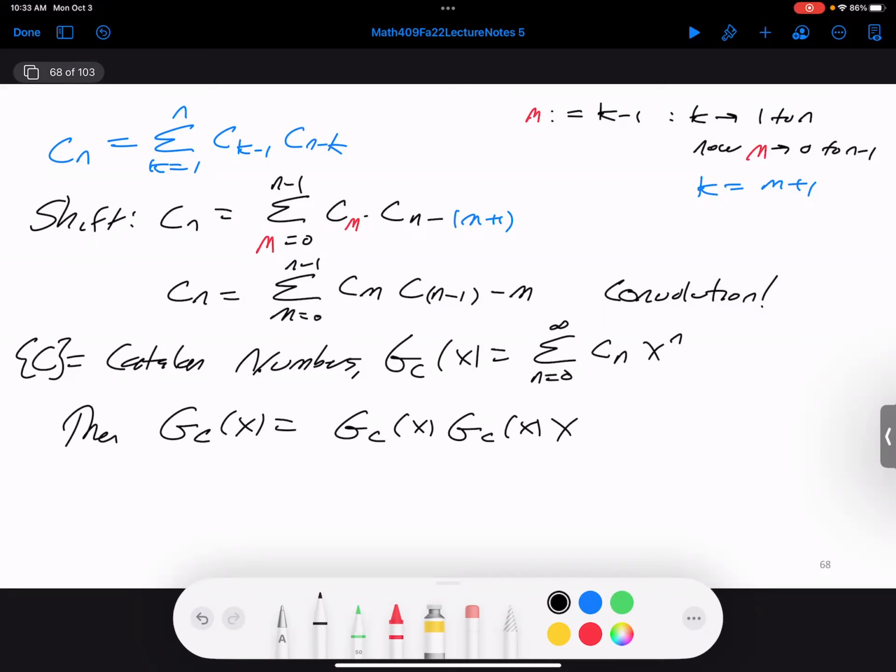Because the n minus first term in the convolution here is the nth term on that side. So when I multiply this out, and again, please tell me if I've made a mistake, this would just be a sum of, let's call it, I think it would just be Cn x to the n minus 1. N goes from 0 to infinity.